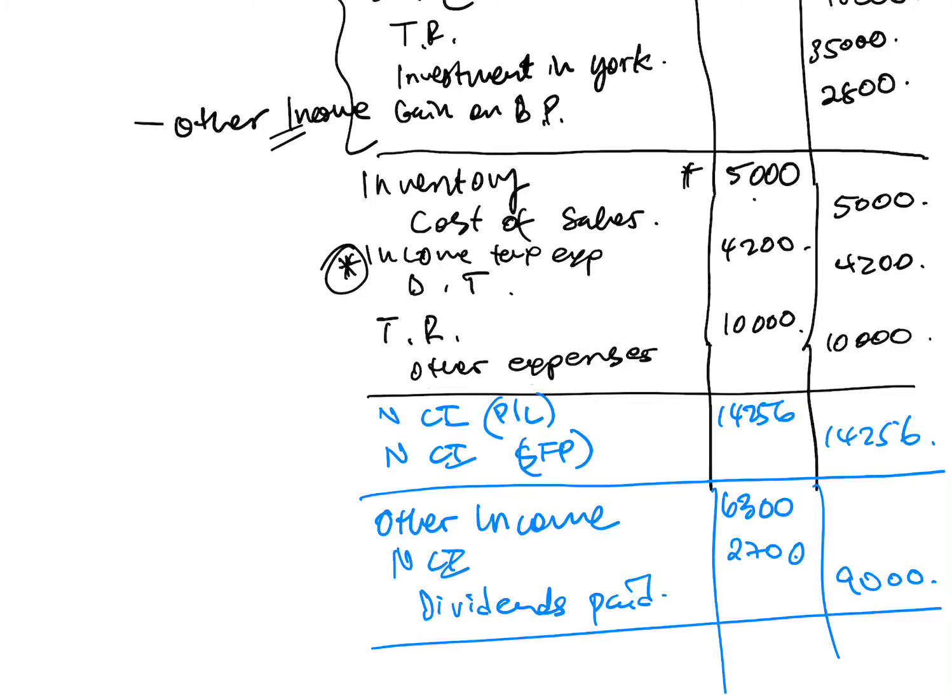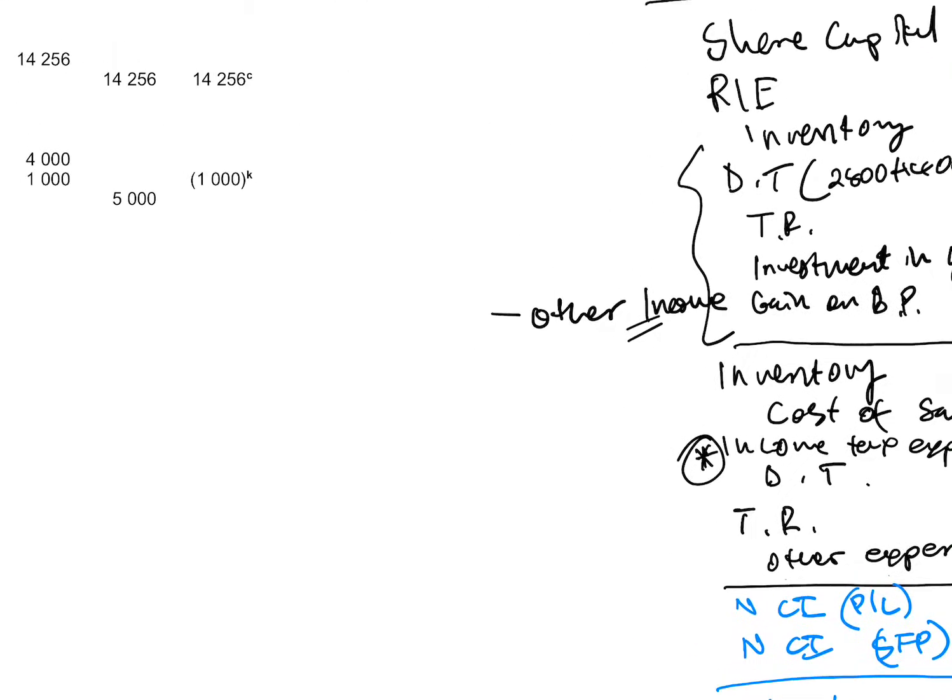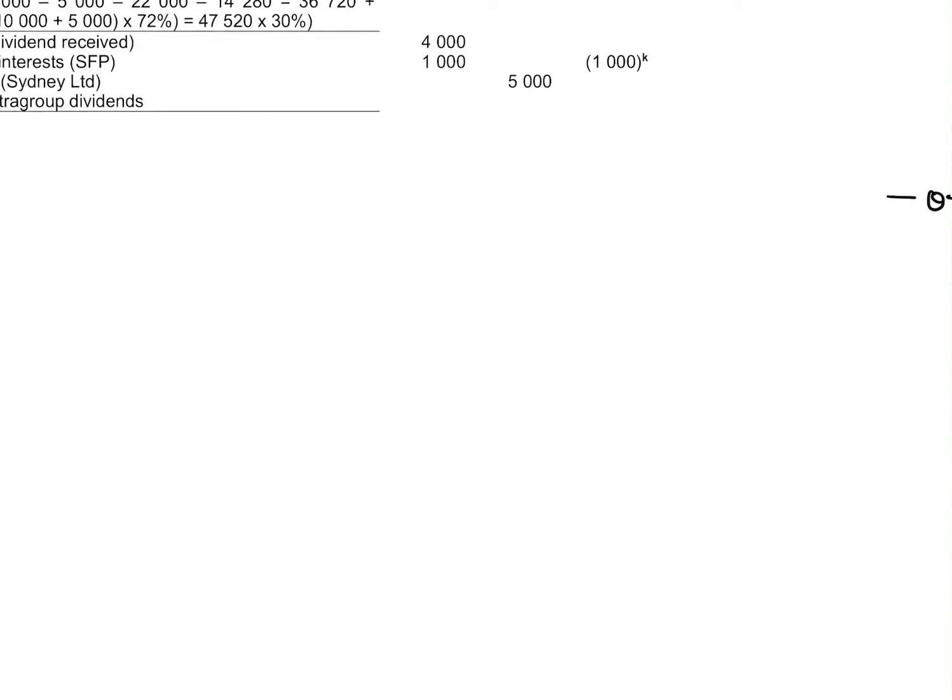So what we have done here, good people, we've prepared the journal entries for the subsidiary. Remember, we said on our calculation, first we prepare the analysis for the subsidiary.